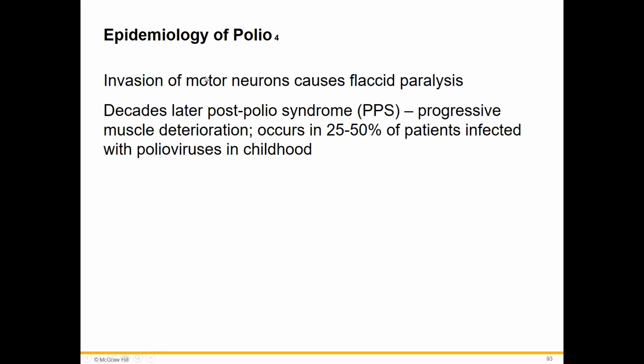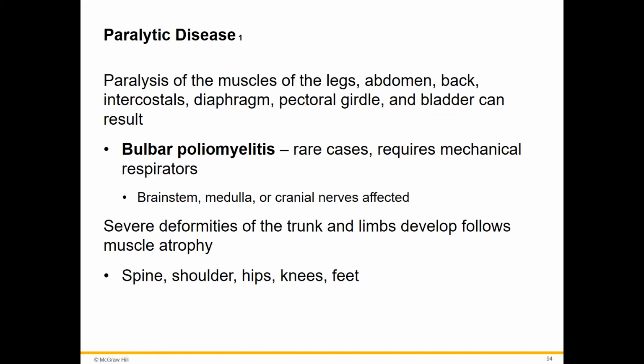This is actually going to affect motor neurons at their core, right? Viruses can lyse motor neurons. That's why you can have a chronic post-polio syndrome where you have progressive muscle deterioration, or you could have actual long-term paralysis or damage, depending on what nerve cells were infected. You can see that kind of paralytic disease then here.